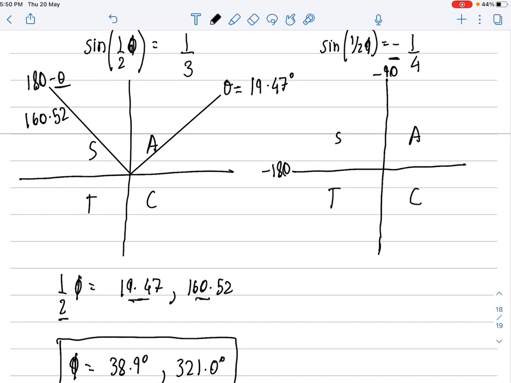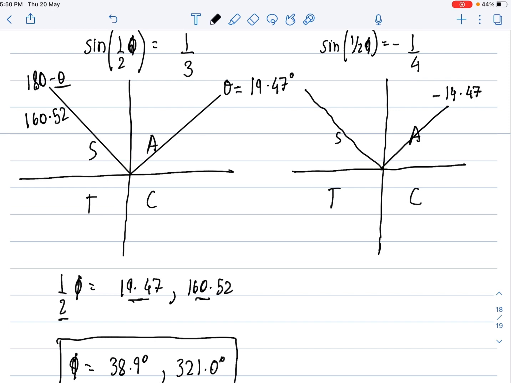What I mean to say is, I can go the opposite way, okay. I can do that. That means everything will become negative. So I need to do sine inverse of negative 1 over 4, which I know is negative 14.47.